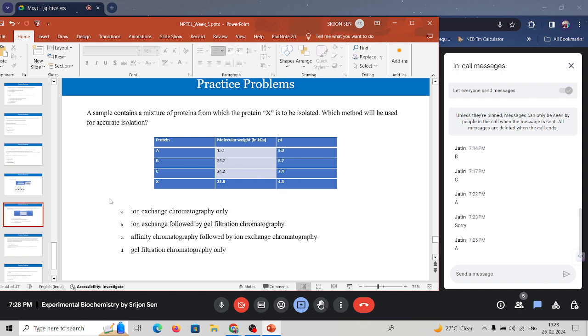A sample contains a mixture of proteins from which protein X has to be isolated. So from a mixture of proteins, you need to isolate X. So which of the methods would you be using for accurate isolation? You see that the molecular weights are 15, 26, 24, and 20. This is also around 24 kD, and the pI is 3, 8.7, 7.4, and 4.3.